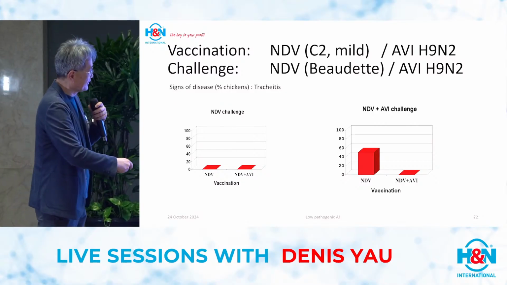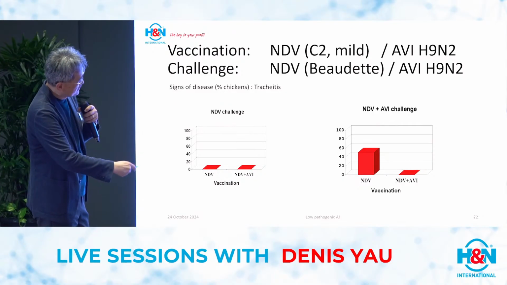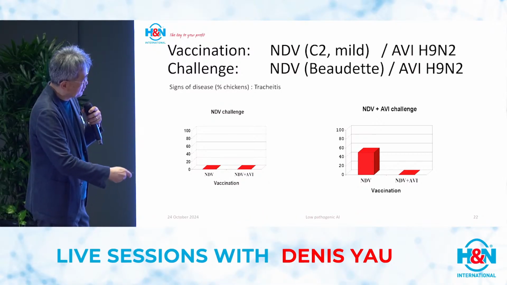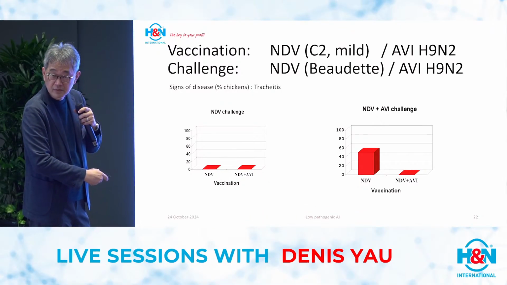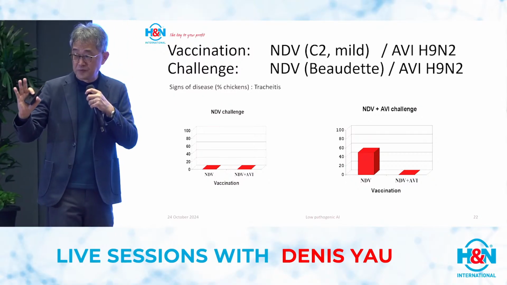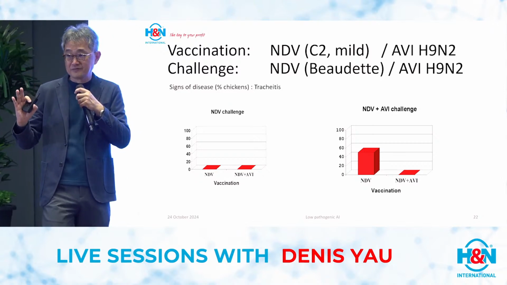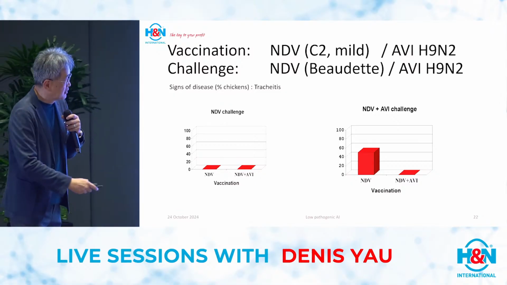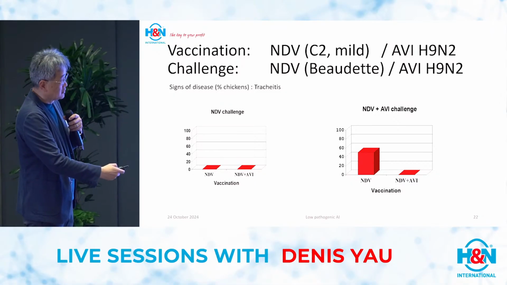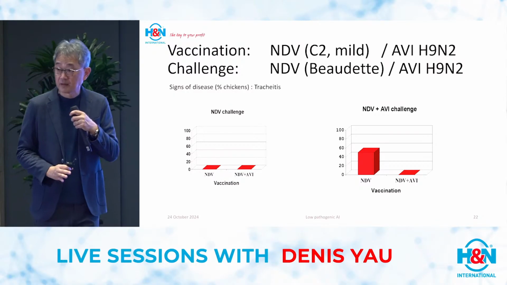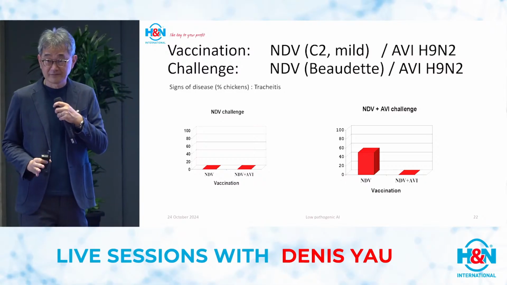Here we don't see anything, but here we see if you do not do an H9N2 vaccination, then you have problems. So sorry for the Pakistani, if you say the H9N2 vaccination helps, that means your ND is not done properly. Agree with that?